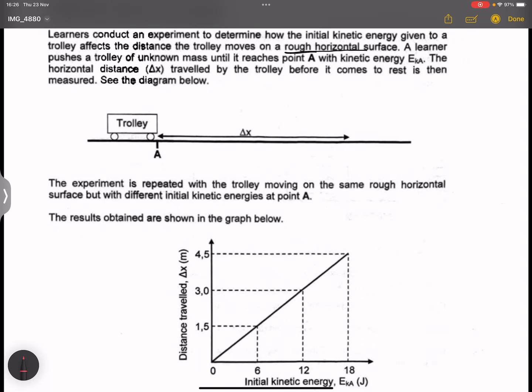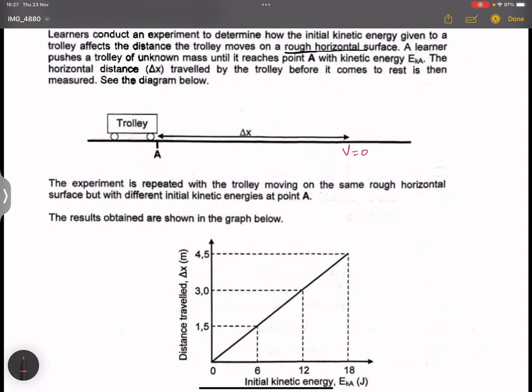So a learner pushes a trolley of unknown mass until it reaches point A with kinetic energy EKA. The horizontal distance traveled by the trolley before it comes to rest. Now that's important. So that means that at some point the trolley will have a velocity of 0, right? Is then measured. See the diagram below.